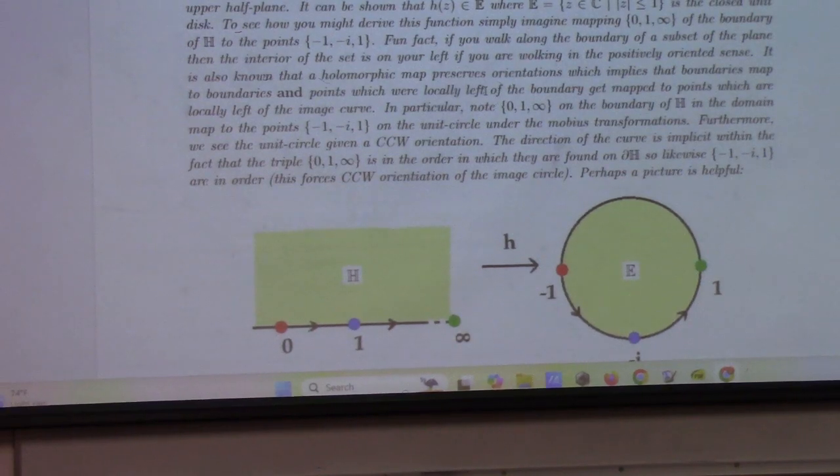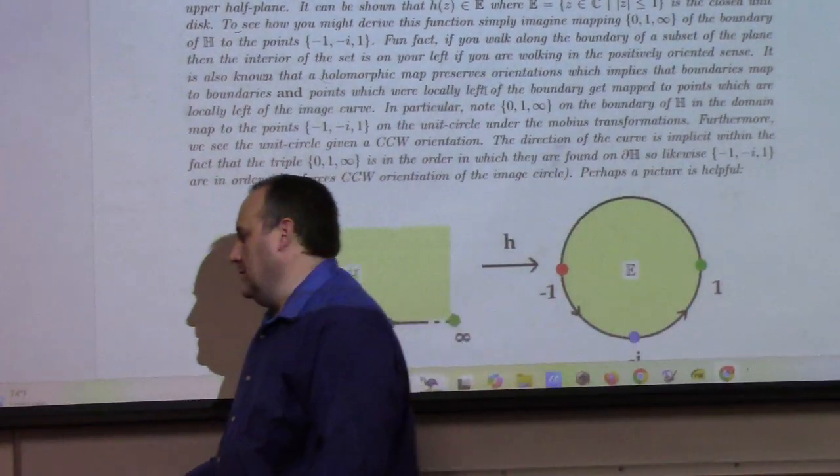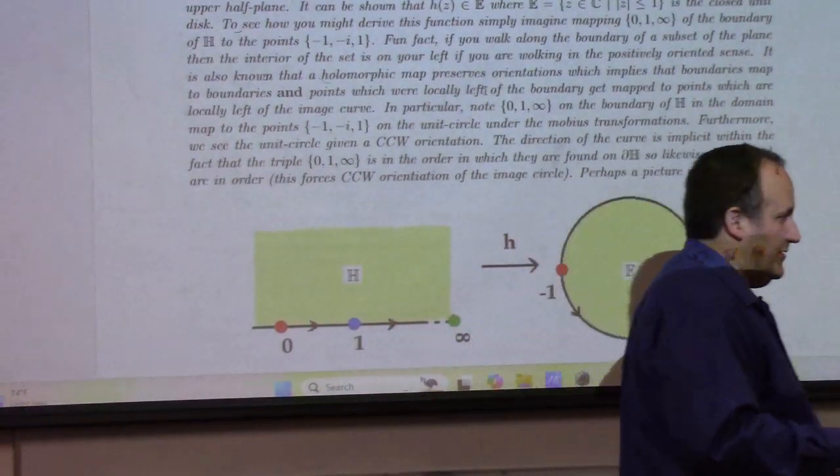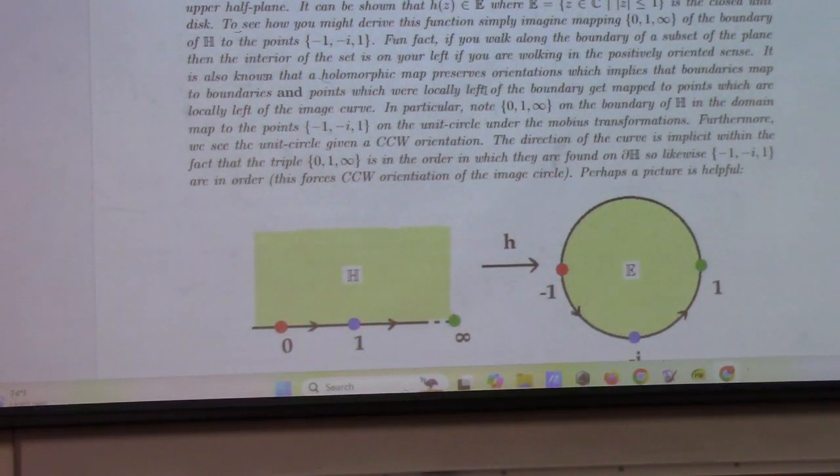And let's see here. And infinity maps to... Okay. So I don't think the value of arg is defined at infinity, technically. We don't define the argument at infinity, just like we don't define the argument at 0. But this branch here, this part of the boundary, maps to this part.